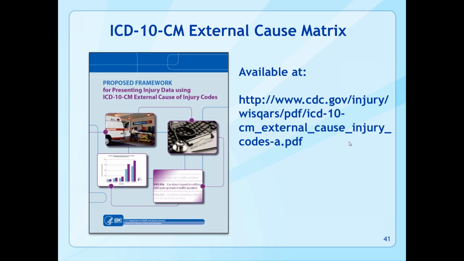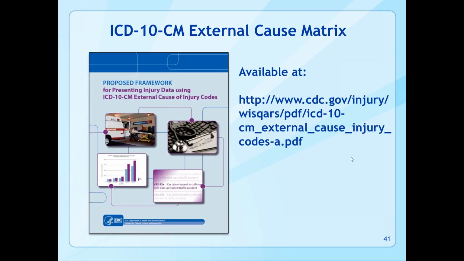These types of external cause matrices have been developed in the past for both the ICD-9-CM external cause codes and the ICD-10 codes. And the ICD-10 codes are those that are used for deaths. So ICD-10 and 10-CM are slightly different. The ICD-10 codes are used for deaths. ICD-10-CM are used for non-fatal events.